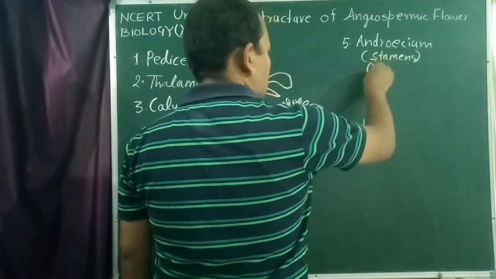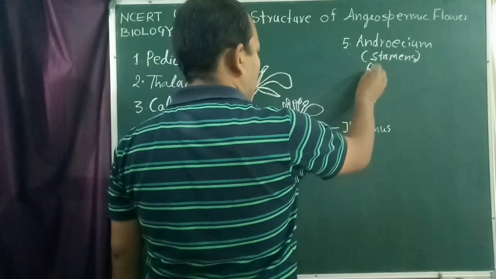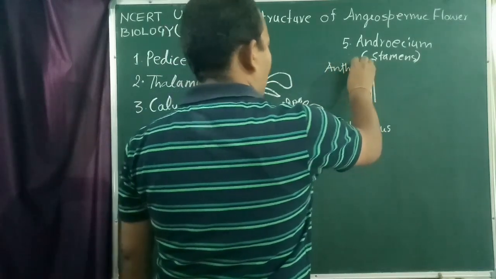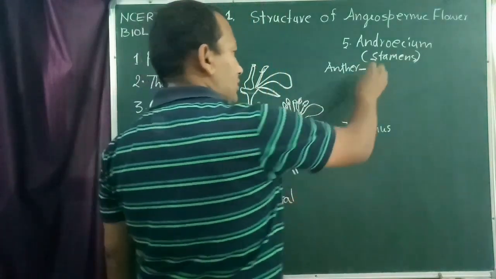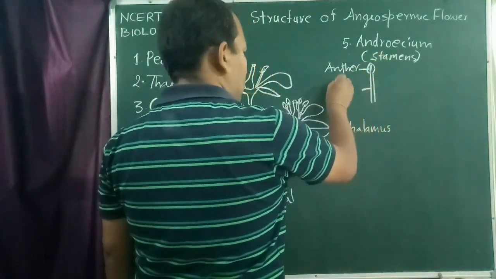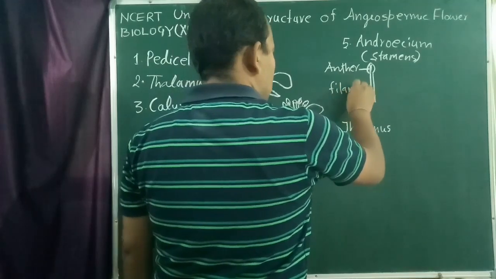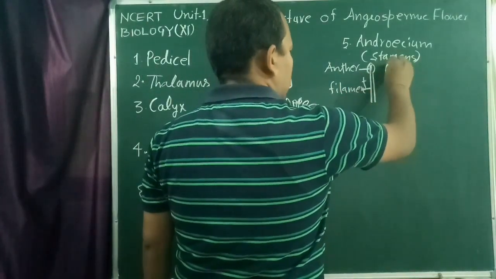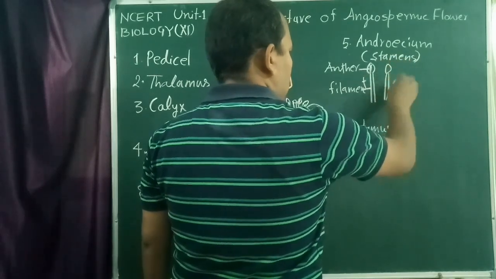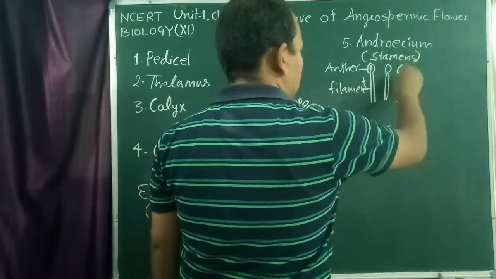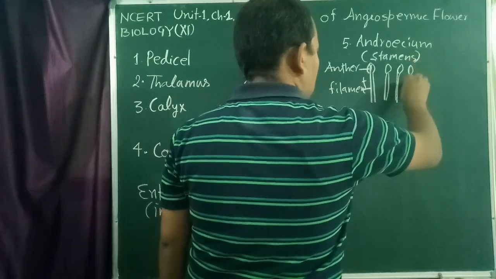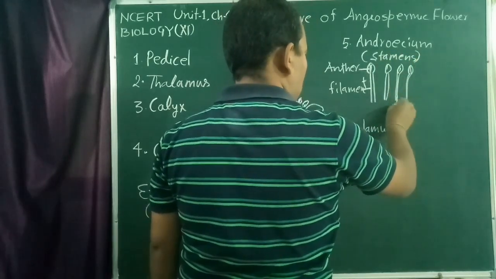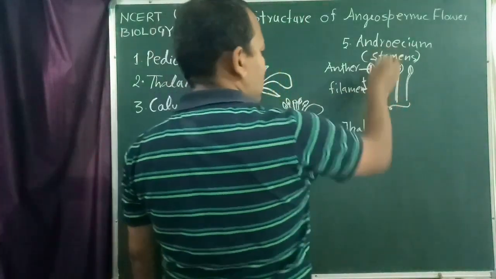This is one filament, and this is known as anther where pollen grains are formed, and this is known as filament. All these filaments as a whole are collectively known as androecium.